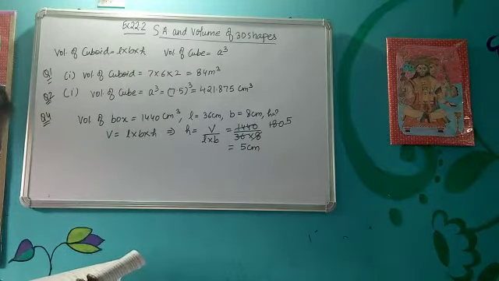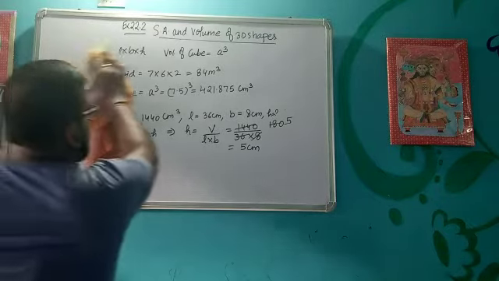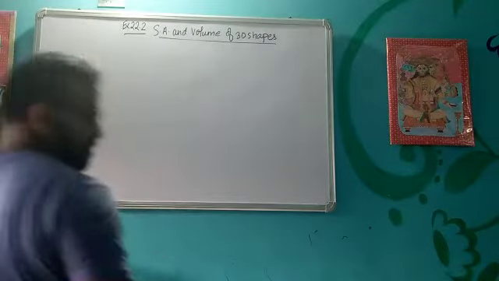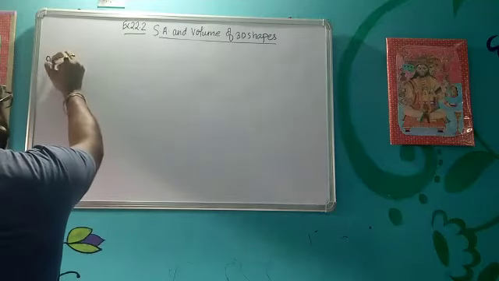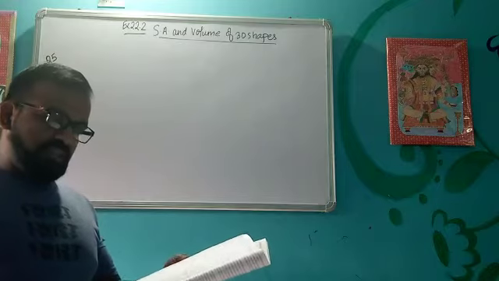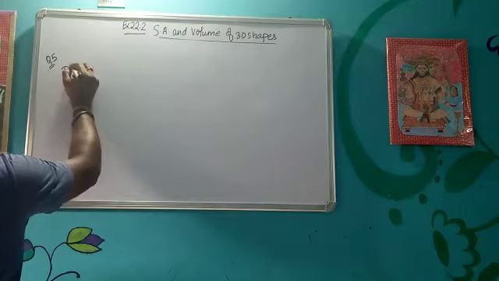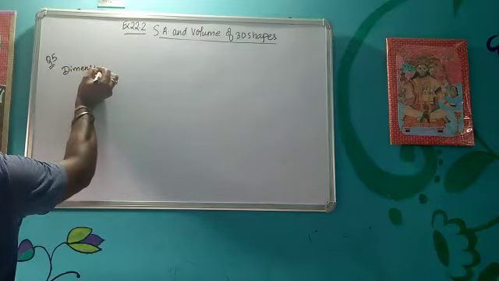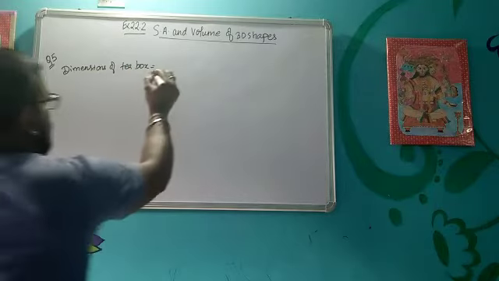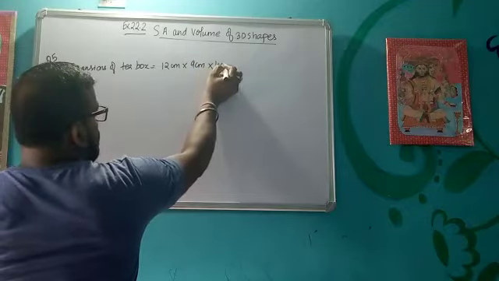Then let's see a different type of question. Question number 5. Okay. So what is given? A tea box measures 12 centimeter into 9 centimeter into 4 centimeter. So the dimensions of the tea box are given as 12 centimeter into 9 centimeter into 4 centimeter.